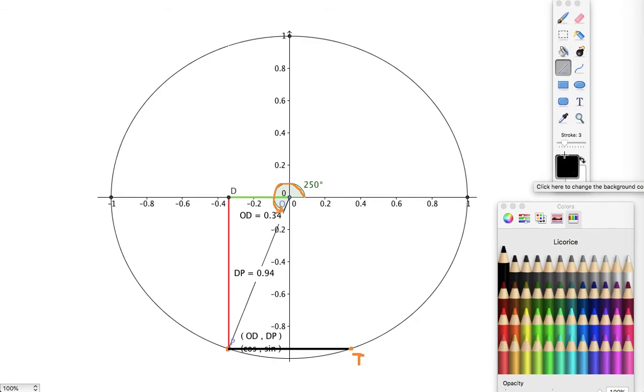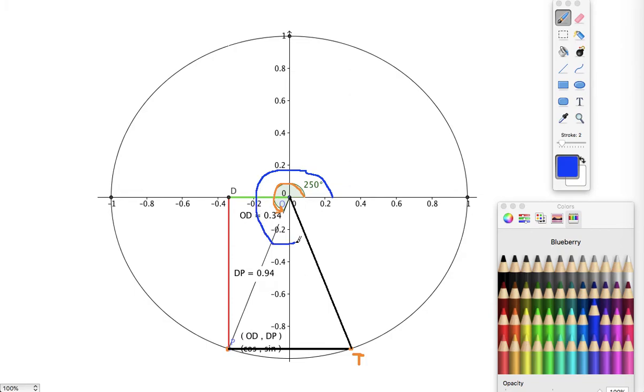So now we just need to figure out what is the angle for T. I'm going to draw this line right here. And we're trying to figure out, from here to here till I get to my point T, what is that angle going to be? Okay, so once again, there are a few different ways we can do this.